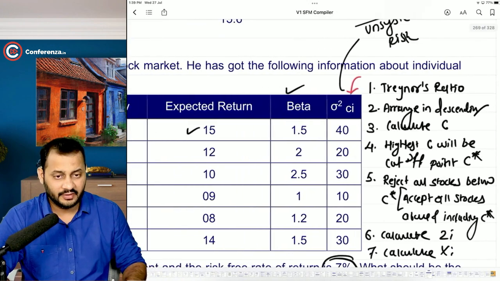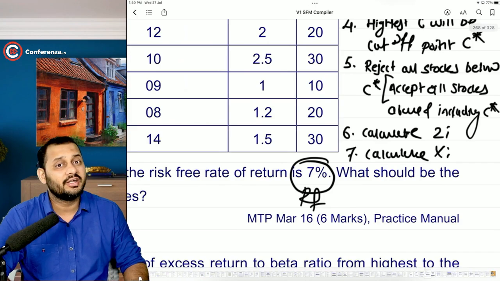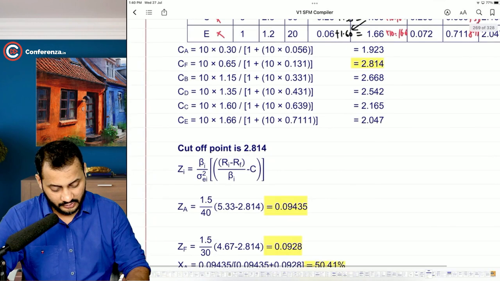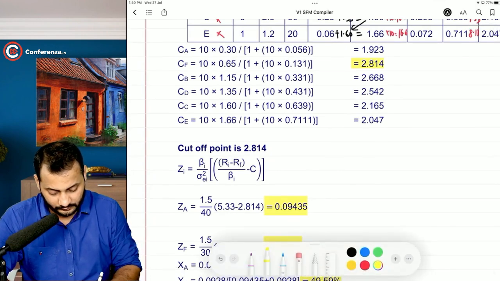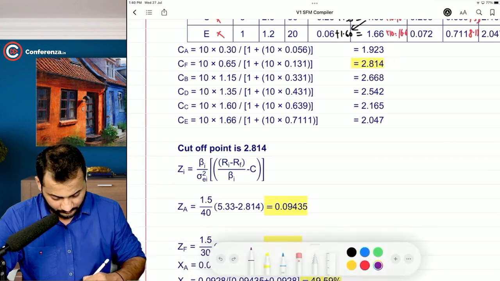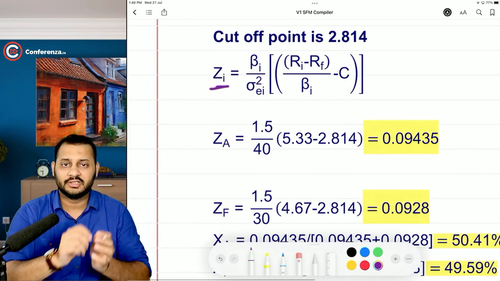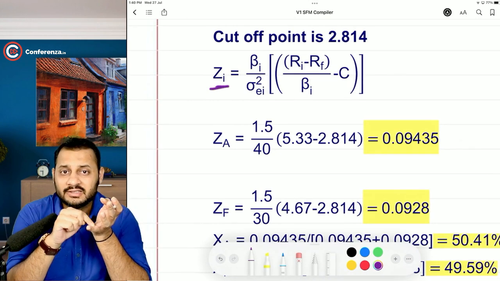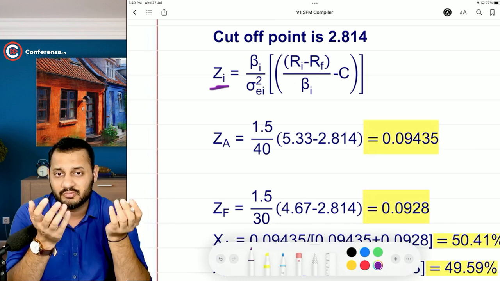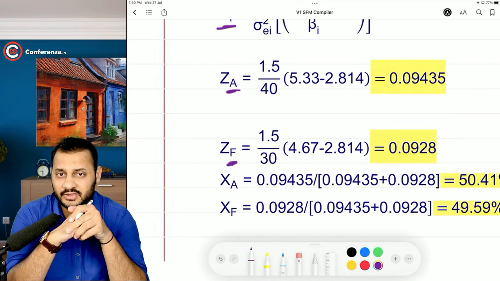Right, we completed 5 steps, only 2 steps are left. That means calculate the value of ZI for the securities you have selected in the 5th step, A and F. So what is the formula for ZI? Systematic risk divided by unsystematic risk variance, in bracket Treynor ratio minus C asterisk. You will have to remember that. We are going to do it only for the 2 securities that we have selected.